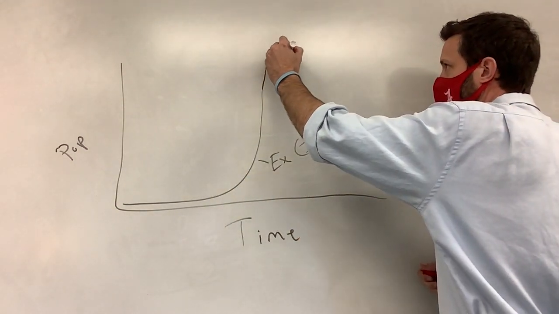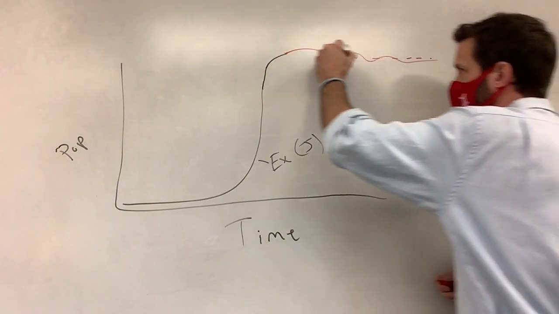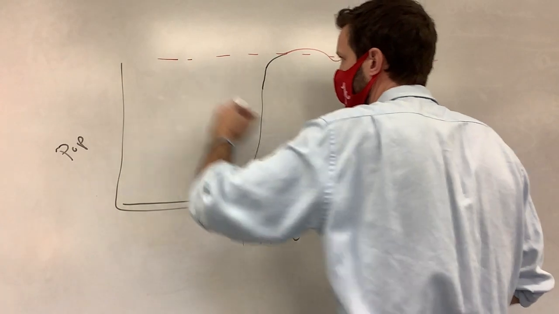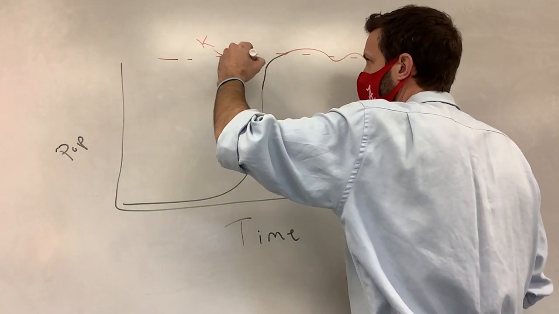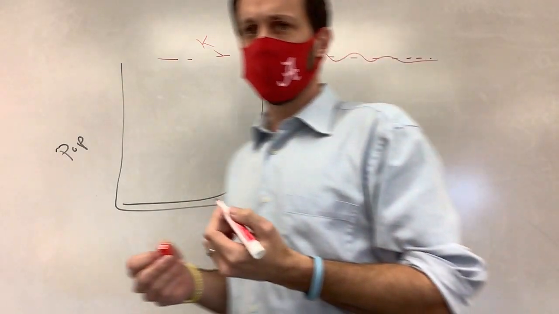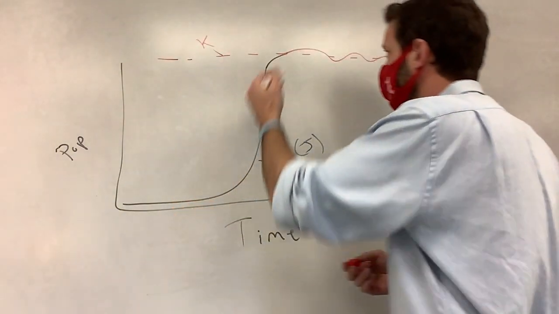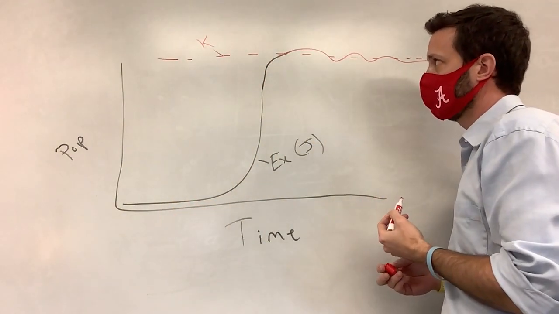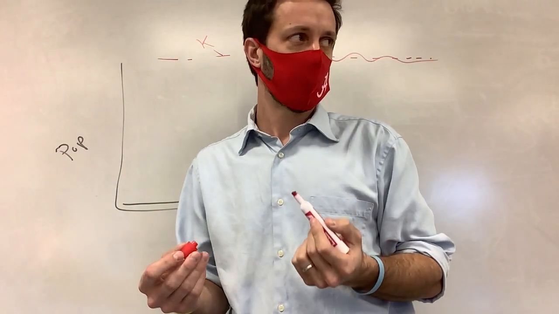Typically we have a little bit of overshoot, and that line right there represents what? Carrying capacity. Okay, so carrying capacity, where there's only so much food and resources available for individuals in that area. And the overshoot, like we said, is where they just had too many babies. There's not enough resources, and so some of them are going to die.